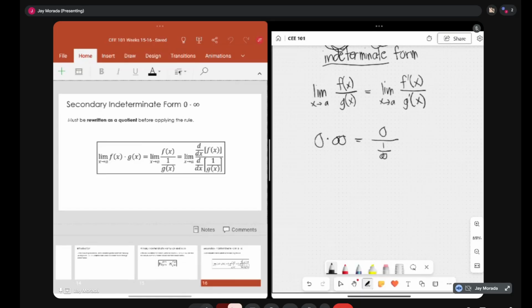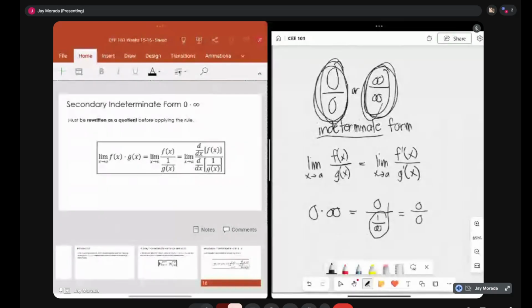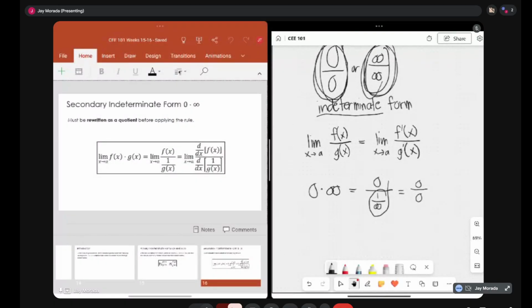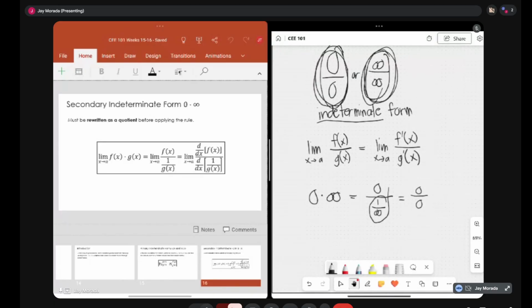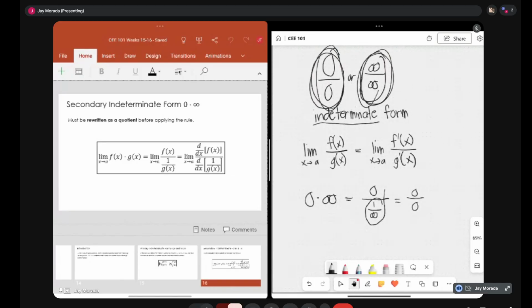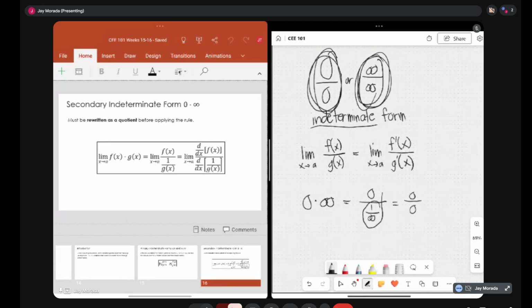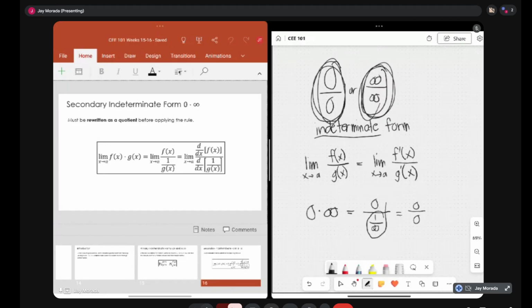We know that 1 over infinity approaches 0, yielding 0 over 0, which is the primary indeterminate form. Then we can apply L'Hopital's rule. Again, you can only apply L'Hopital's rule to a primary indeterminate form. Secondary indeterminate forms involve manipulating the function algebraically to resemble the primary indeterminate form.